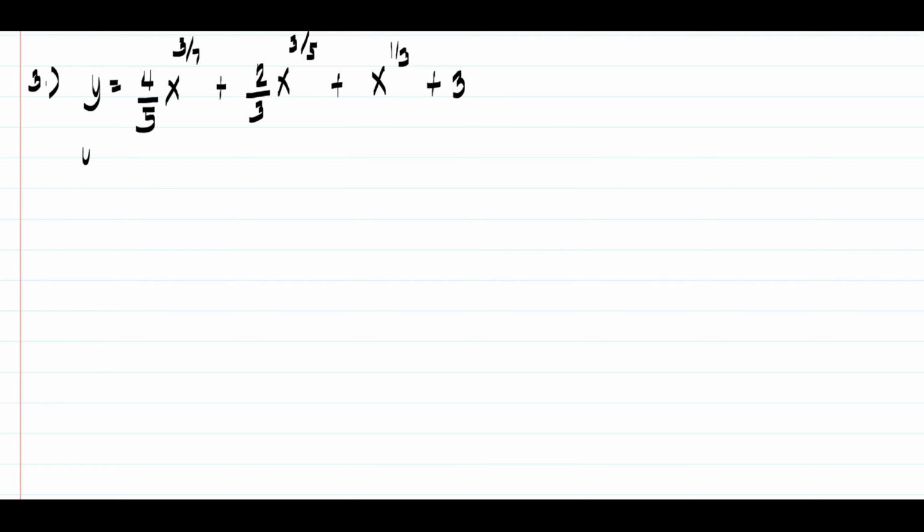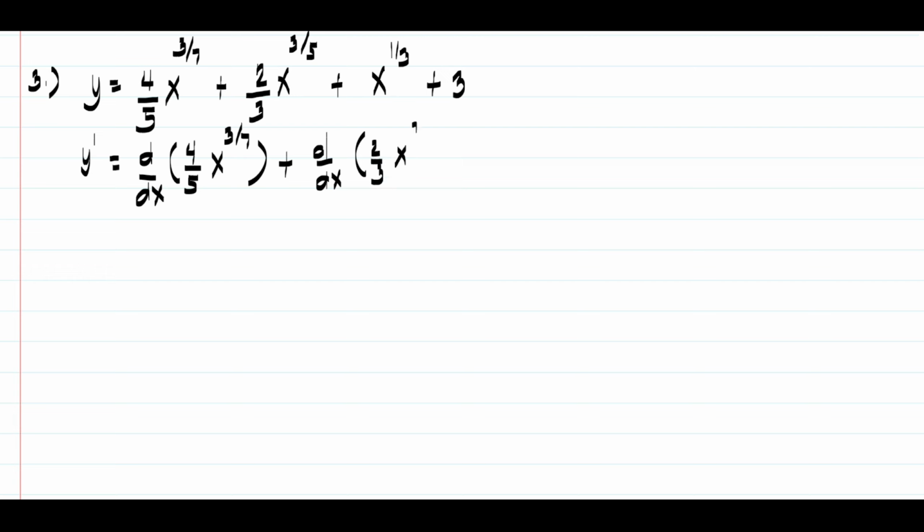Let's start having y prime equals the derivative of 4 over 5 x raised to 3 over 7 plus the derivative of 2/3 x raised to 3 over 5 plus the derivative of x raised to 1/3 plus the derivative of the constant 3. So let us simplify.